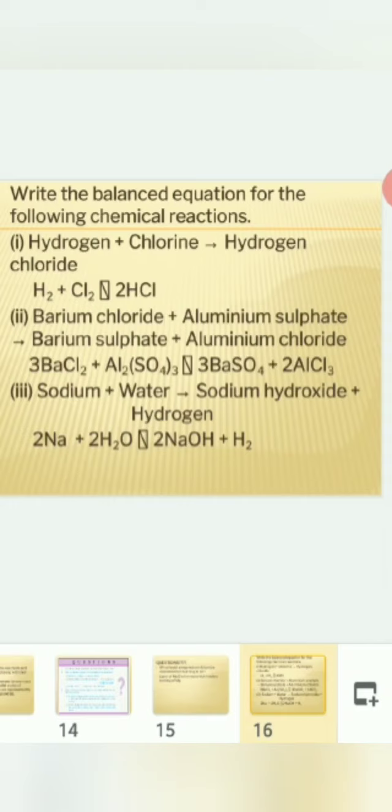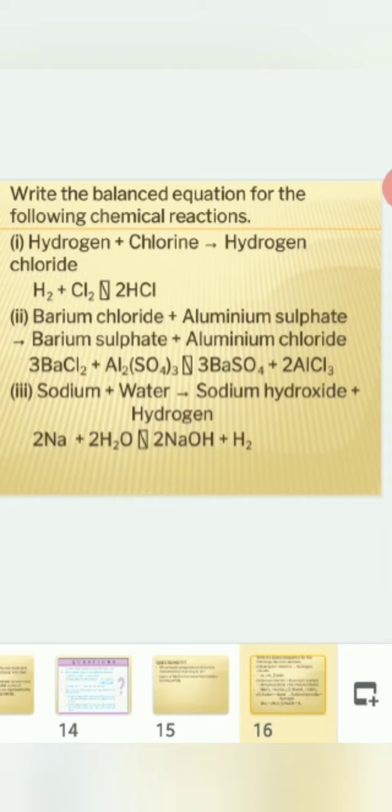The symbolic form of the equation will be 3 barium chloride plus aluminium sulfate gives 3 barium sulfate plus 2 aluminium chloride. Next, sodium plus water gives sodium hydroxide plus hydrogen. So 2 Na, that is sodium, plus 2 water gives 2 sodium hydroxide plus hydrogen.